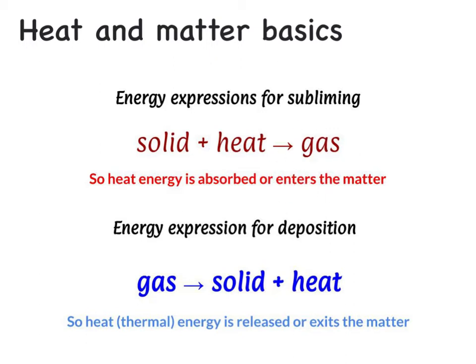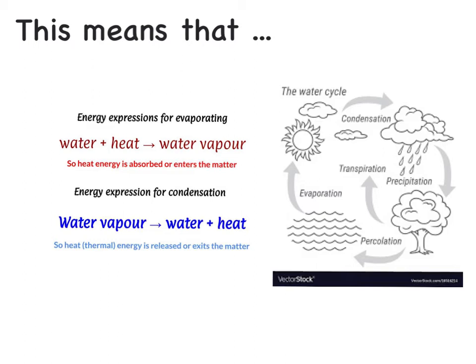Now, when we think about this, we're thinking about water. So let's go on to water. Let's be specific now. Water. So if we do this, we've got water changing with heat to water vapour.